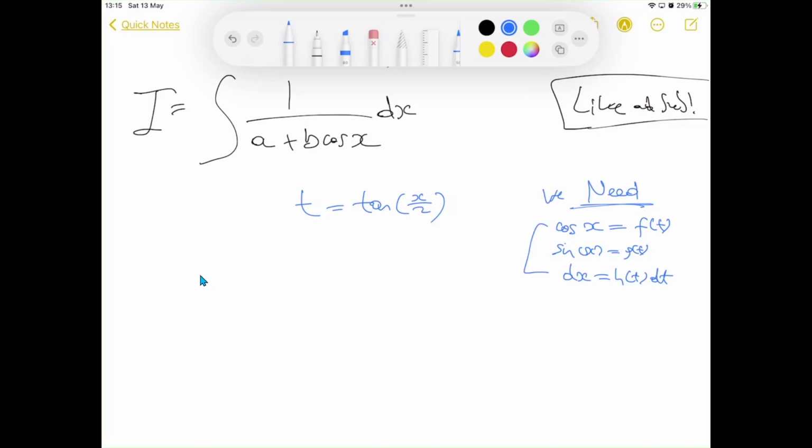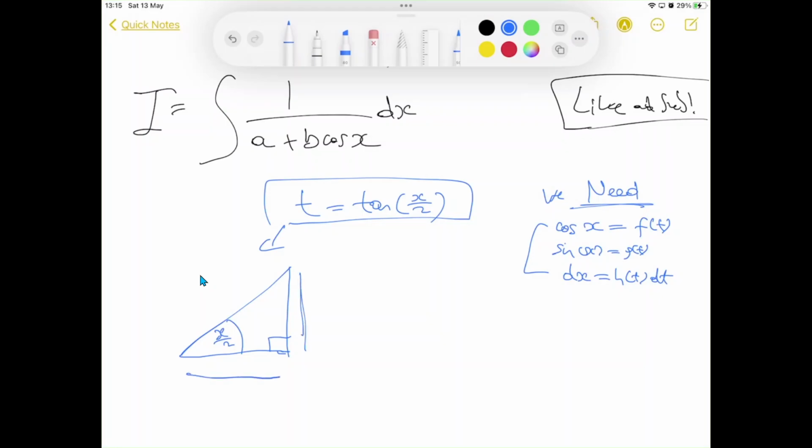Before we get them, let's construct a right angle triangle using this. So this tells us that if we have a right angle triangle, this doesn't look like a right angle triangle. This looks like a wedge, but I'll still use it. That's the right angle. This is the angle x over 2. The definition of tangent of an angle basically means the value you get when dividing the side opposite here by the adjacent side here.